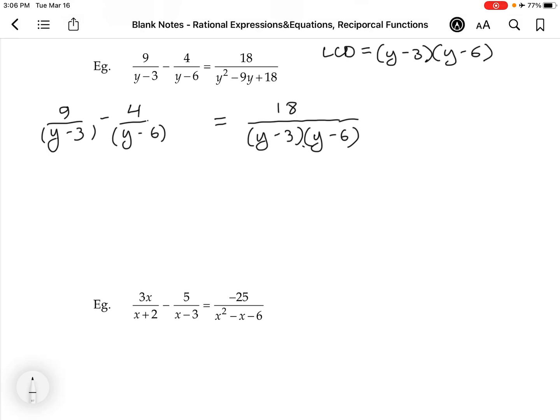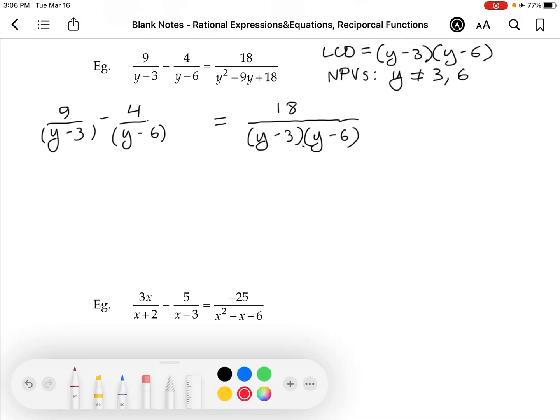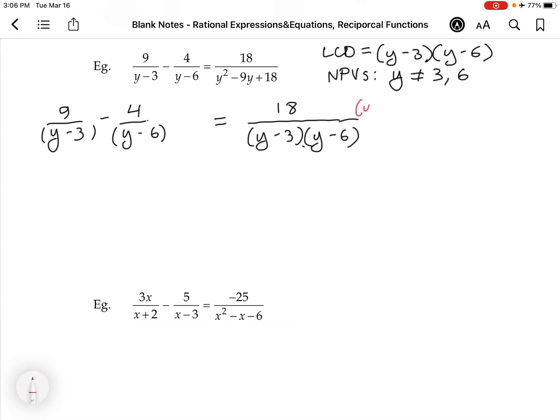So this is my LCD. Okay, my non-permissibles: y cannot equal 3 or 6. Okay, now I can go ahead and multiply everything by that LCD. So I'm going to just kind of squish it in if I can, so I don't have to rewrite this whole line.